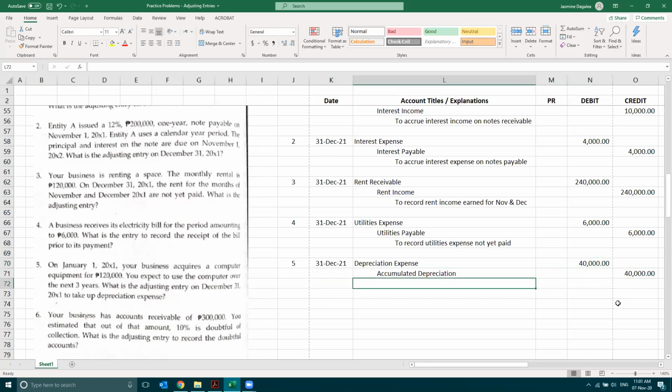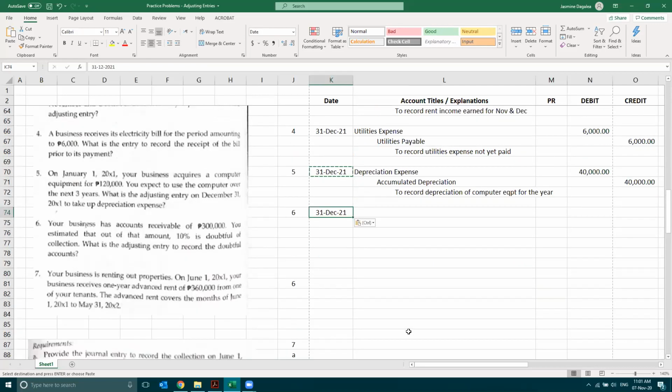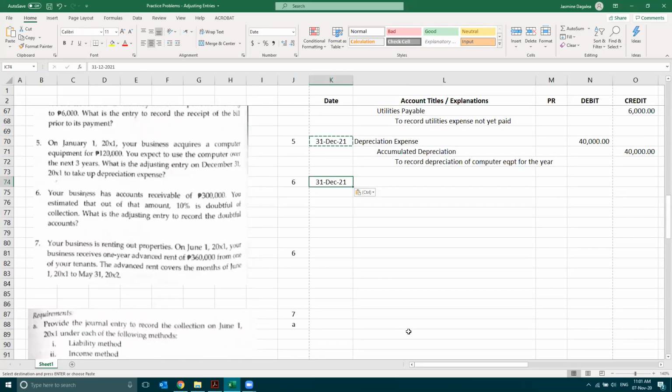Okay. Then number 6, last two na. Your business has accounts receivable of 300,000. You estimated that out of that amount, 10% is doubtful collection.